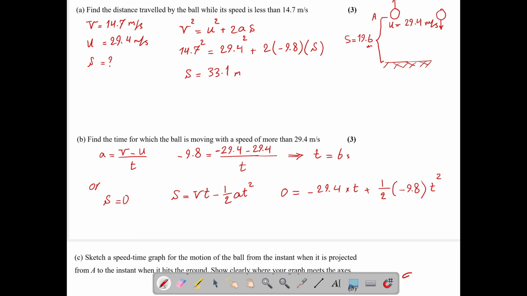So you can find T from this formula as well.